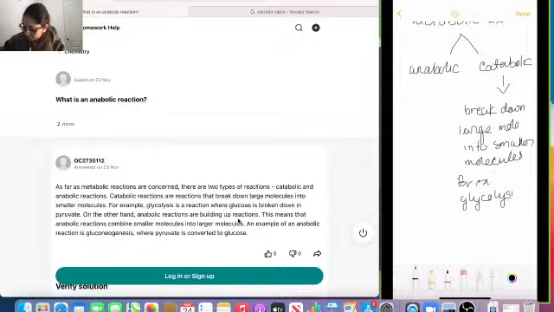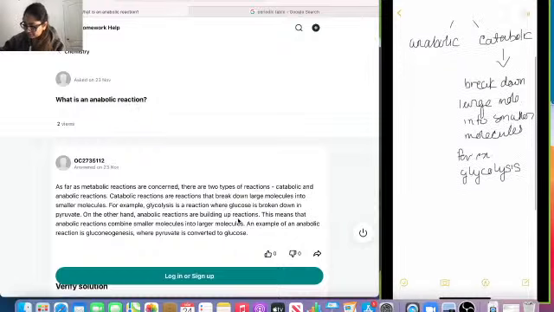And if anyone doesn't know what glycolysis is, this is a reaction where glucose, which is basically a sugar, is broken down into pyruvate. So glycolysis is a pathway to make basically ATP, our energy, where we get our energy from.